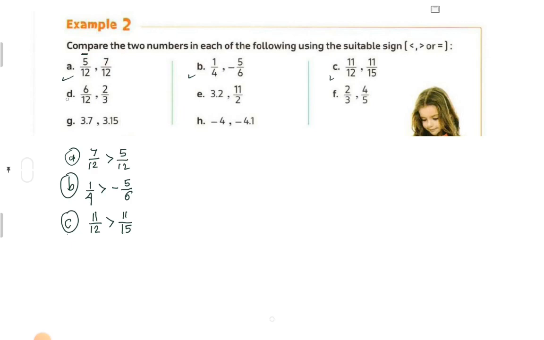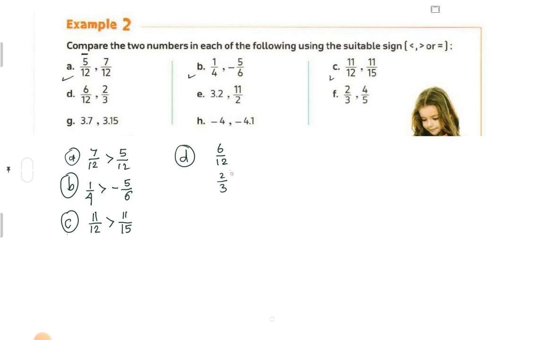Okay. D, 6 over 12 and 2 over 3. Here we have no positive and negative, and there is no like denominator or like numerator. So we need to find a like denominator. We have 6 over 12 and 2 over 3.